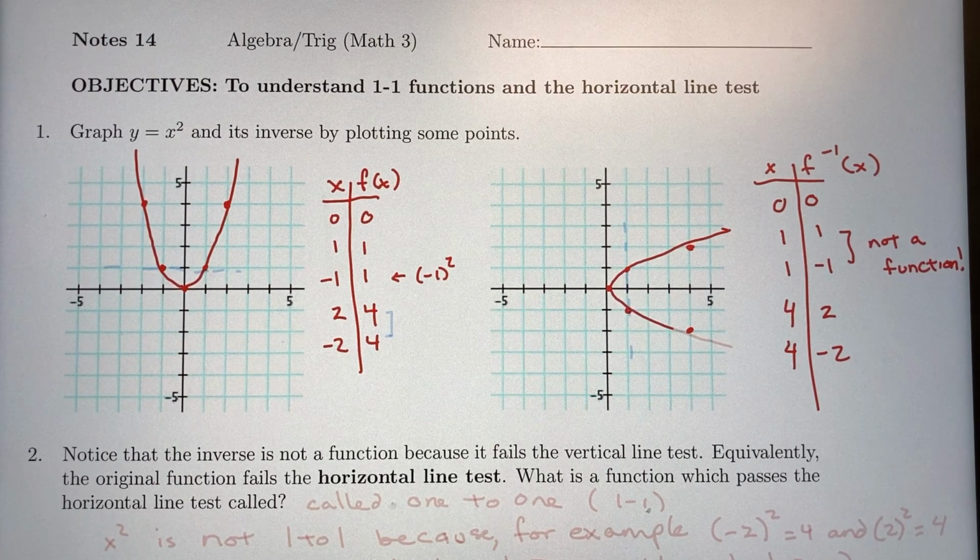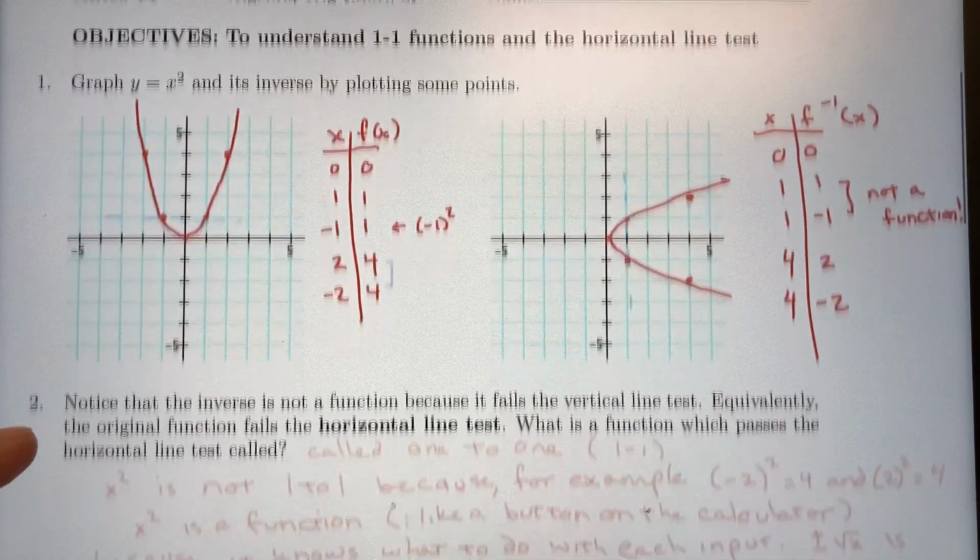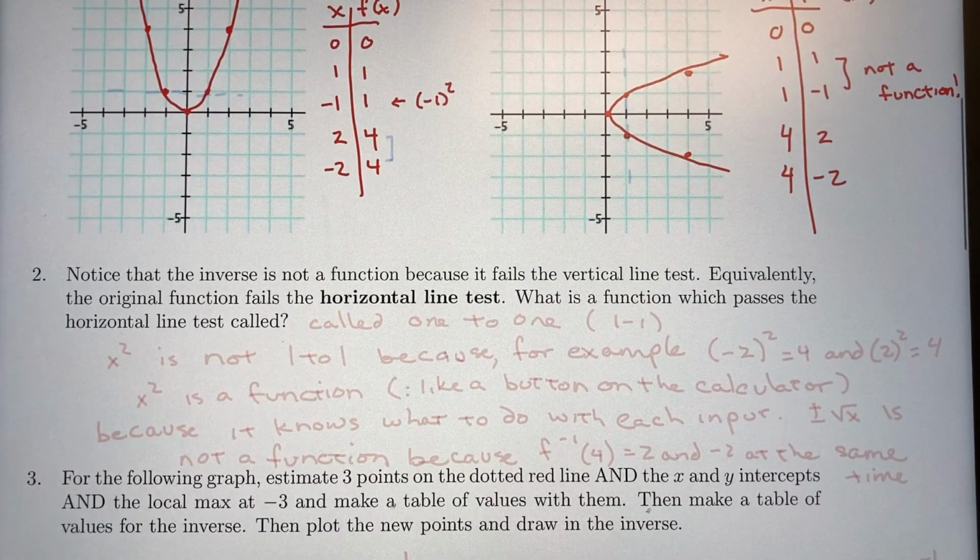Okay, so looking at this, a full sideways parabola is not a function. If the new inverse fails the vertical line test, the original failed the horizontal line test, which is what some people were thinking would be making it not a function. It's still a function, but it's not one-to-one anymore.